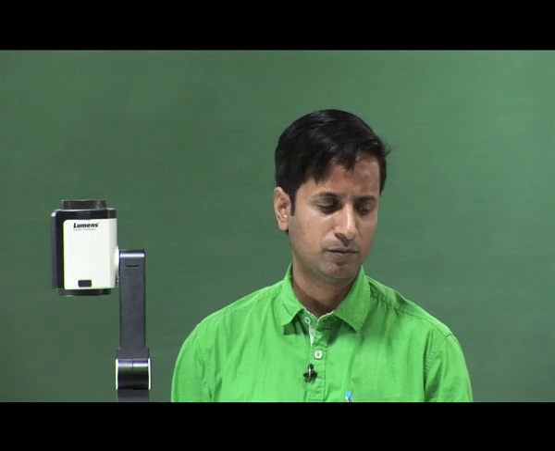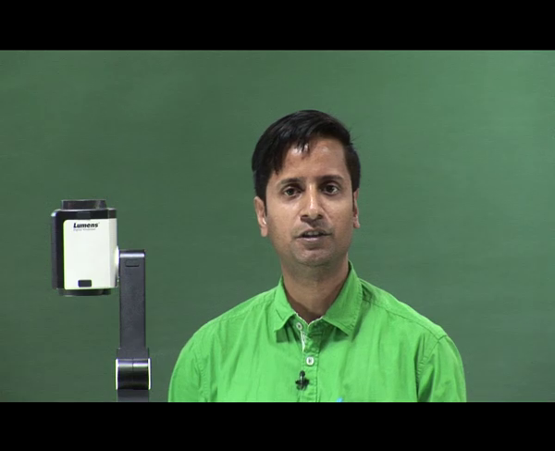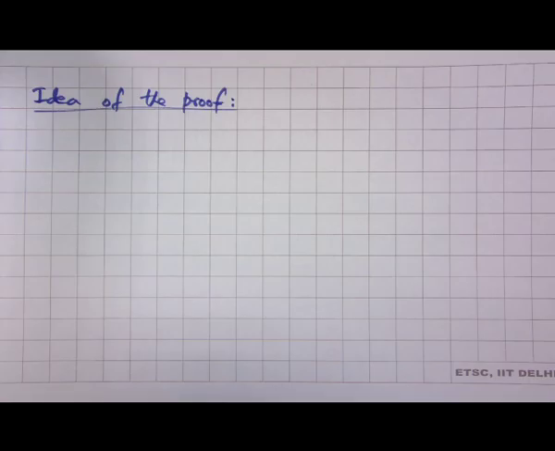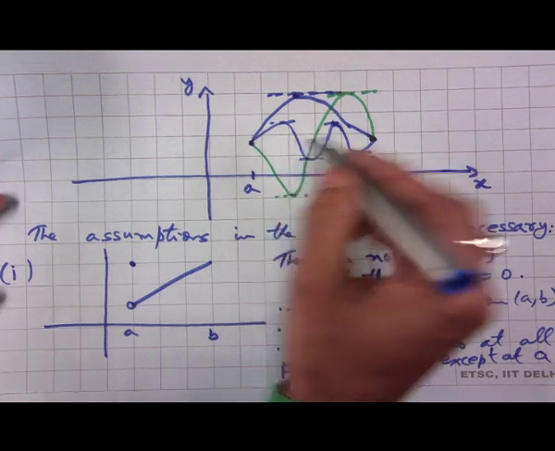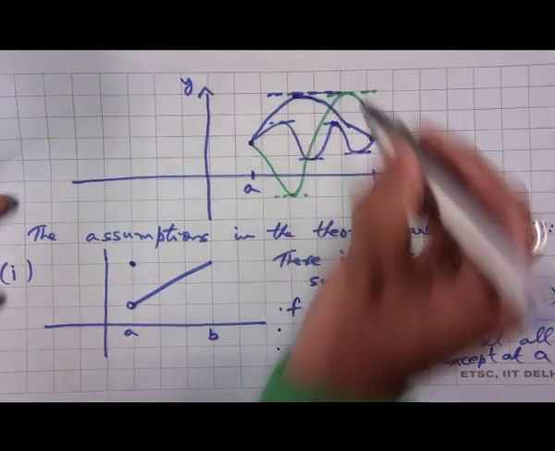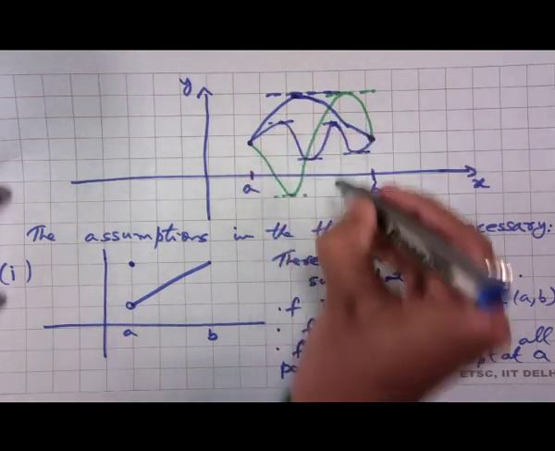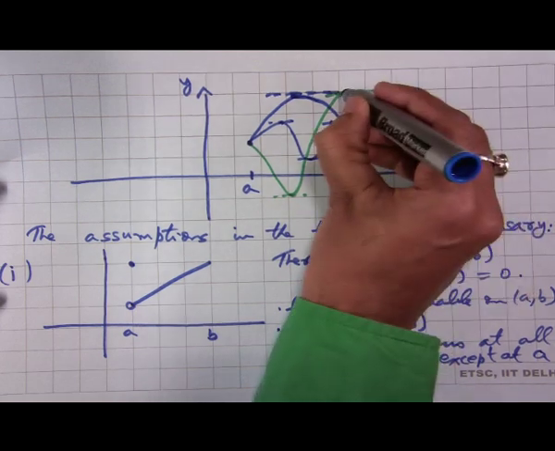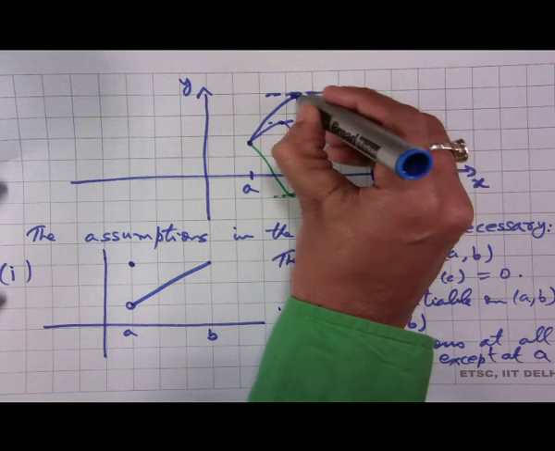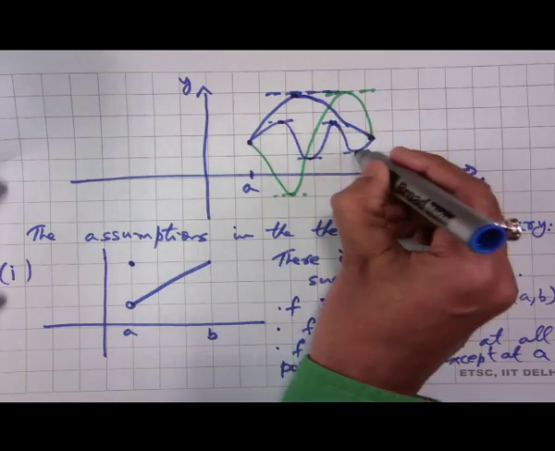Now I will give some idea about why this theorem is true. The idea of the proof: if you see these pictures, you can see that the points where the derivative is equal to 0 correspond to points of minimum or maximum of the function.